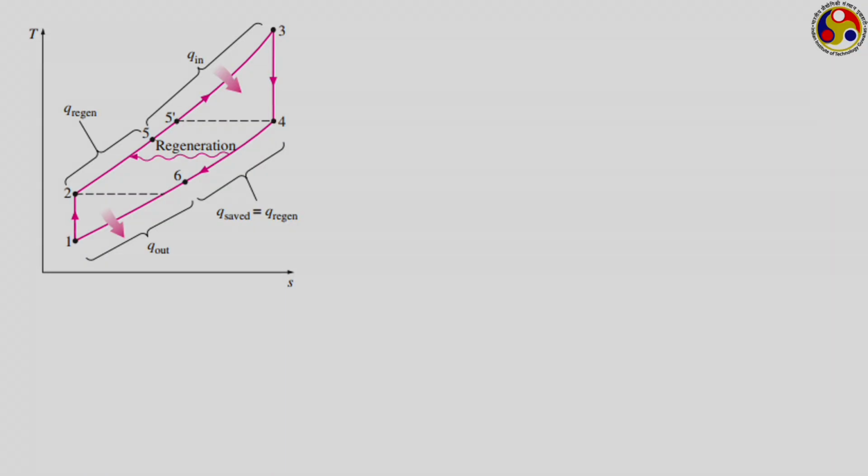So, this is how a practical regenerator works. Of course, we are not considering the irreversibilities inside the turbine and compressor, that is we are taking the isentropic efficiencies of both compressor and turbine to be equal to 1. Then 1 to 2 is the compression process, 2 to 5 is the regeneration process, regeneration for air heating, then 5 to 3 refers to the combustion process.